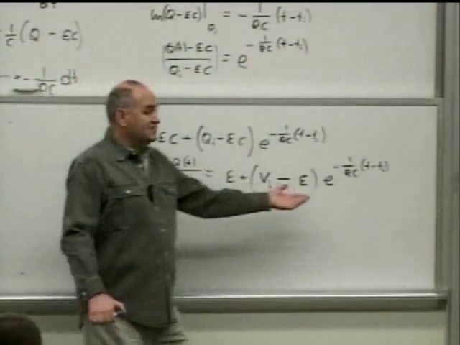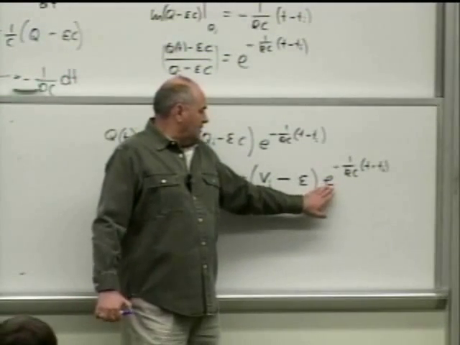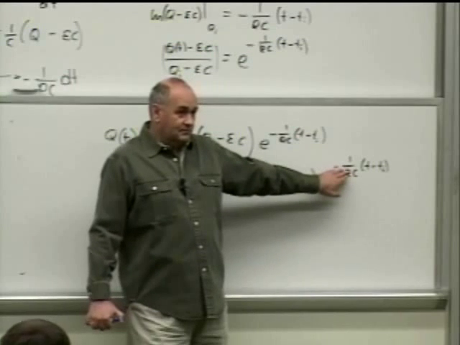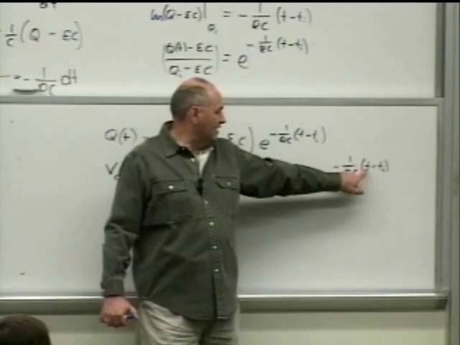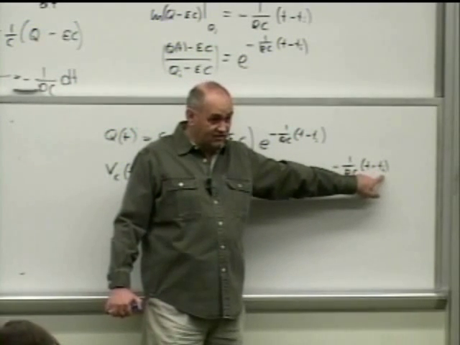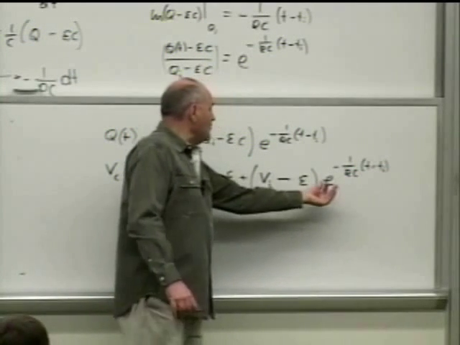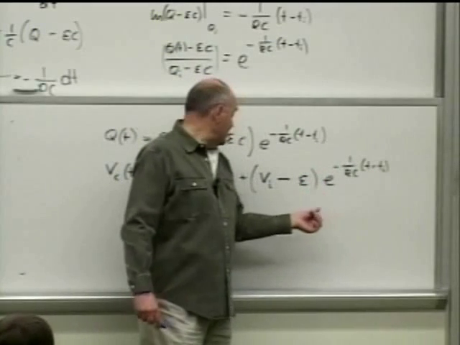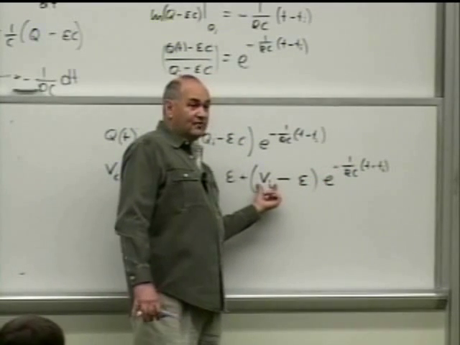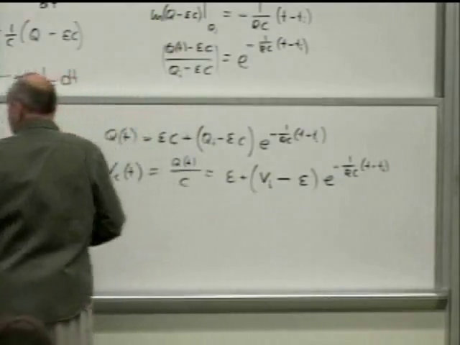What will happen now after 1 second? I will have e to negative 1, yeah, because I will have 11 seconds minus 10 seconds divided by 1 second. So it will be 1/3. This expression will be 1/3. So I will drop to value of 1/3 of the initial voltage.